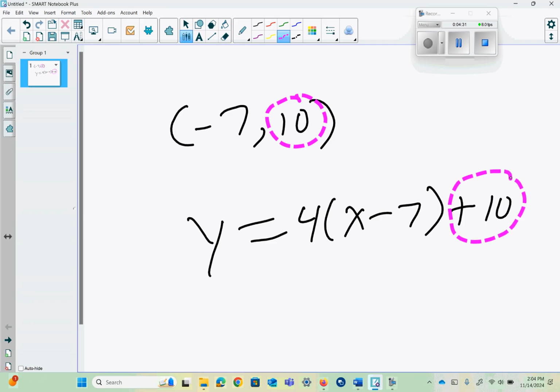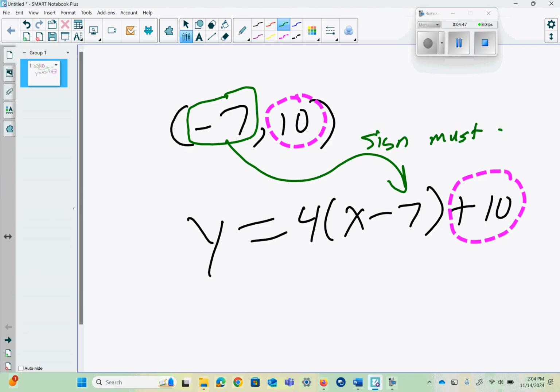They're both positive, right? Now, in the world of math, if I were to insert a point inside parentheses, the sign must change. Okay? So, notice, it's a -7, but if I take that -7 and put it in right here, did the sign change from above to down below? The answer is no. So we can do one of two things.